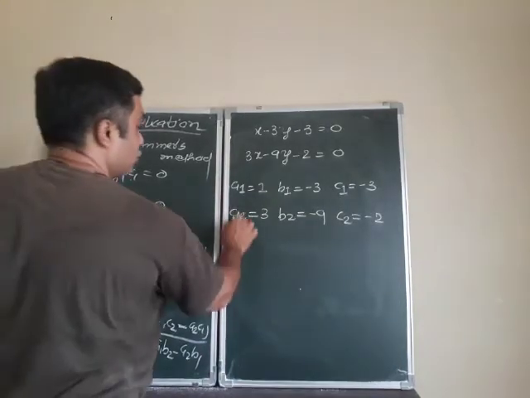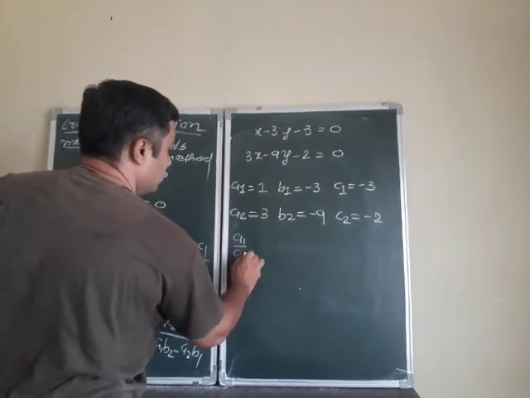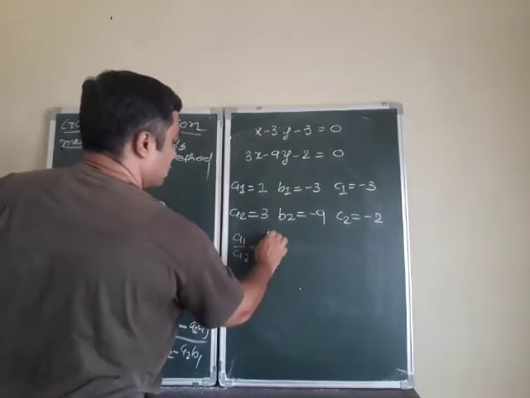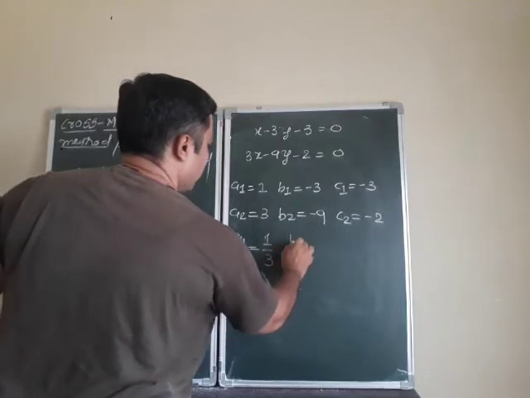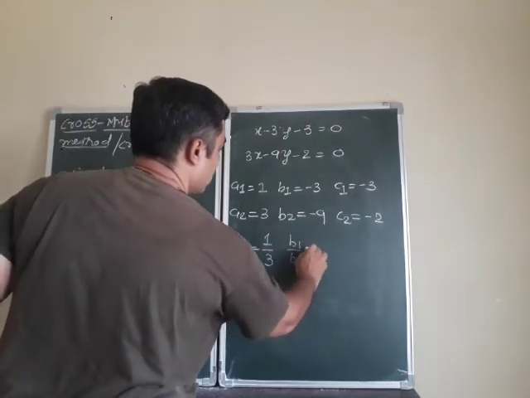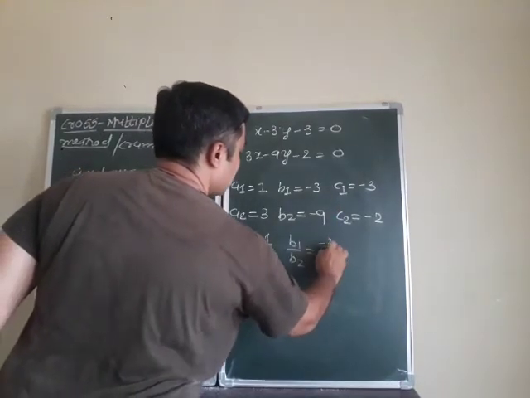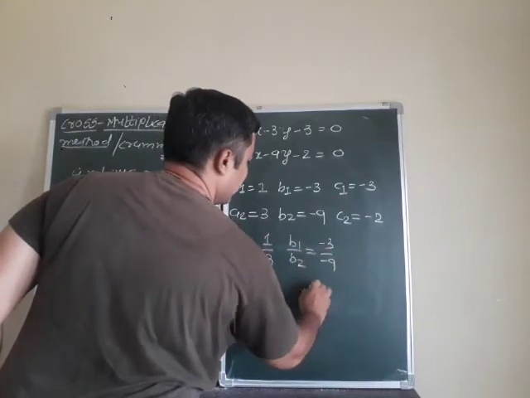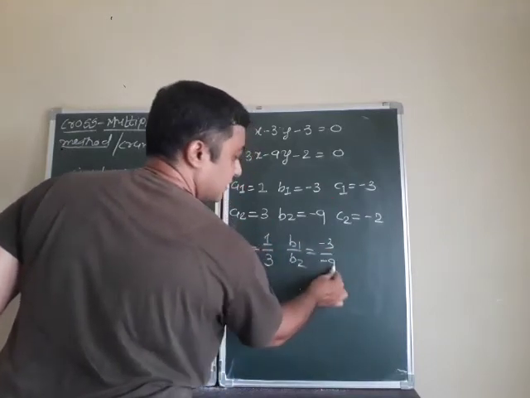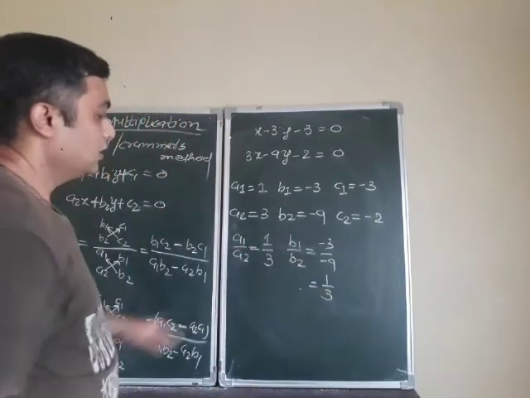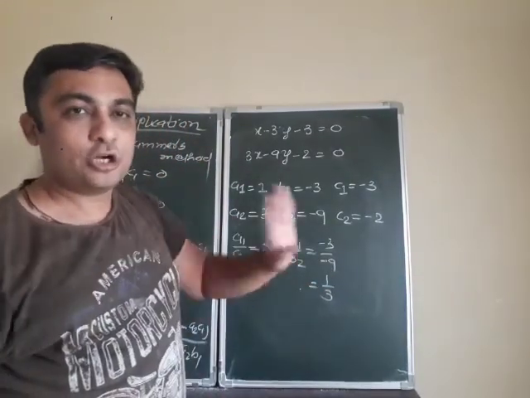So check these ratios first. a1 upon a2 is equal to 1 upon 3. b1 upon b2 is equal to minus 3 upon minus 9, and that is equal to 1 by 3. 3 1s are 3, 3 3s are 9, minus minus plus. These both come the same, मतलब unique solution तो है ही नहीं.